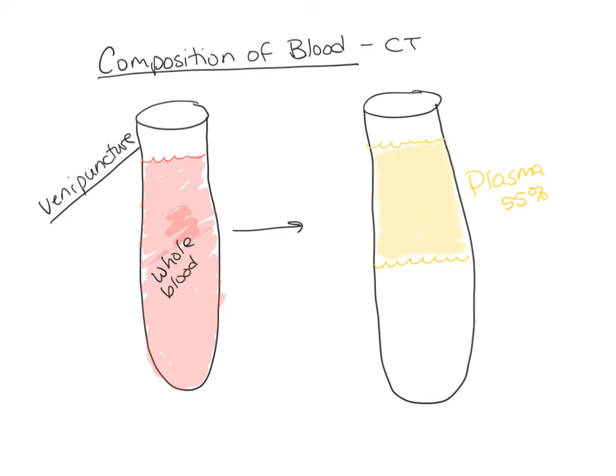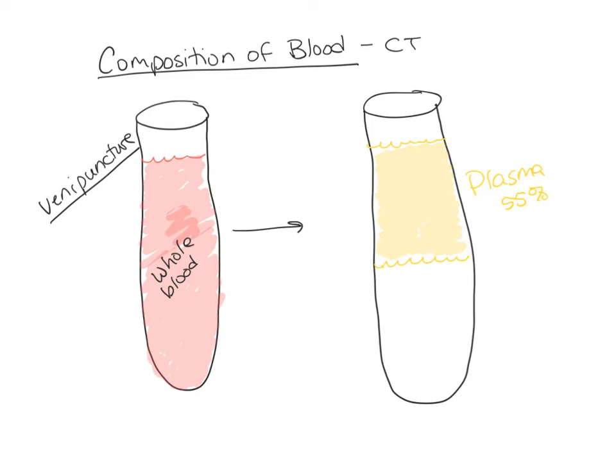Then we'll see below the plasma these components that are called the formed elements. The formed elements are the blood cells, red blood cells and white blood cells, and platelets that are found distributed throughout whole blood. However, when we centrifuge it, the heavier blood cells are going to drop to the bottom. The red blood cells are heavier than the white blood cells.